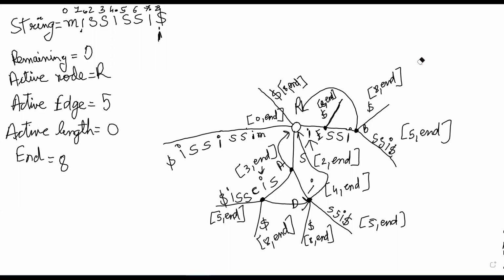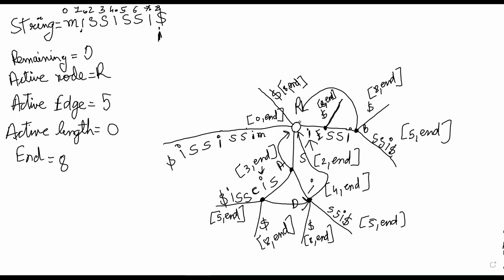To make it more clear, the longest repeated substring is gonna be between the farthest internal node and the root node. In our example, the longest is ISSI. As you can see that the farthest nodes from the root node are these 3 nodes: node C, node D, and node B. And between them, the longest substring is going to be our answer.